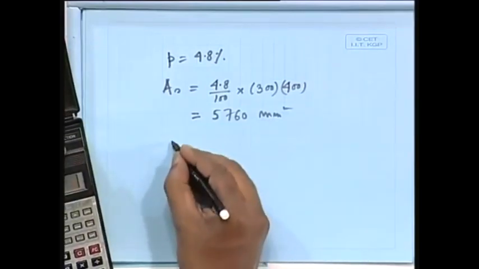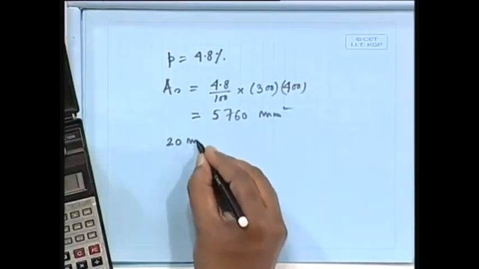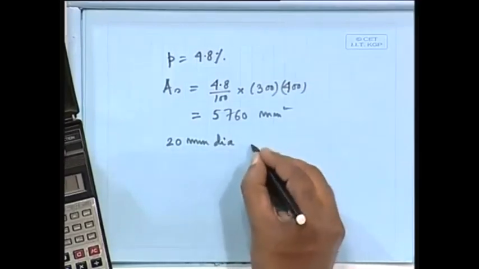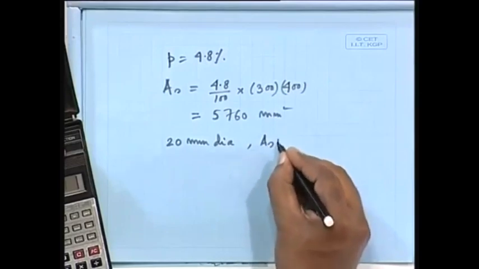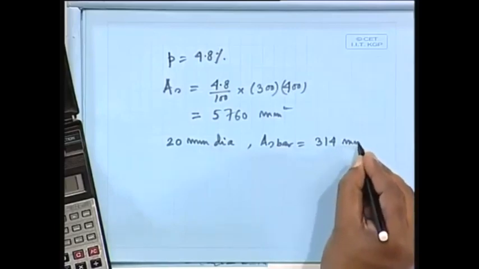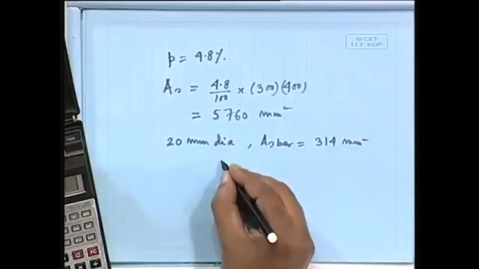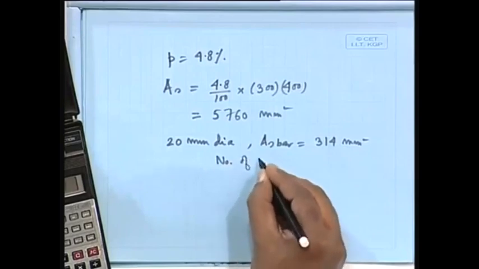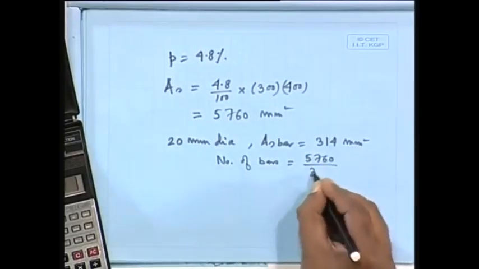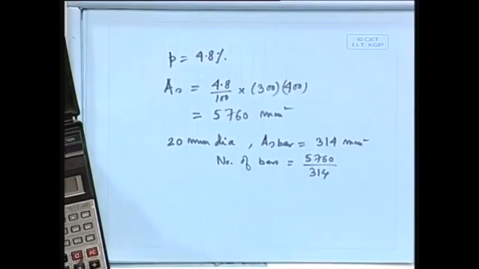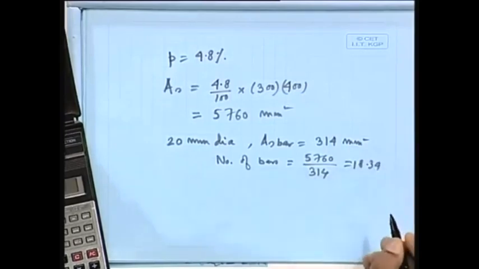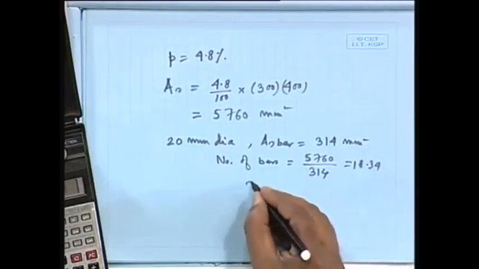The area of steel of 20 millimeter dia bar, which we have assumed that we shall provide, is 314. Okay, and number of bars will be 5760 by 314, 18.34. That means at least we have to provide 20 numbers.